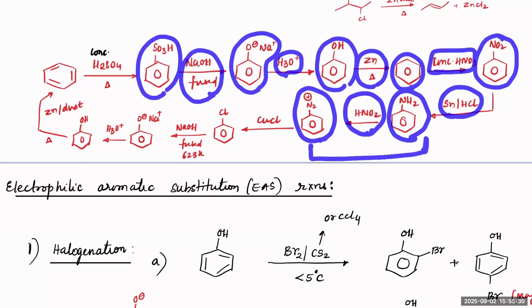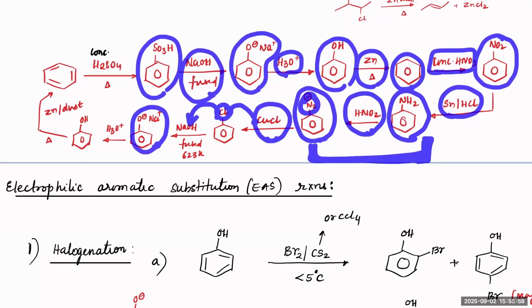This step is very, very crucial. Every time it is added in the reactions, aniline with HNO2 is always going to give you a diazonium salt. Diazonium salt, when you react with cuprous chloride, this is called Sandmeyer's reaction. That is what I'll explain to you all now. This will remove this N2 and replace it with chlorine. So you'll get chlorobenzene. Again, you use NaOH in fused form. Just now we learned this is a benzyne mechanism.